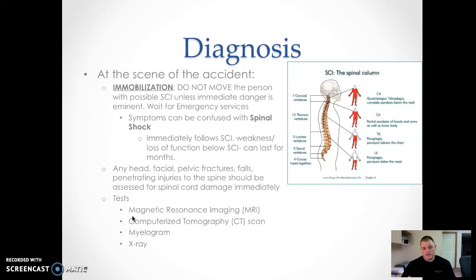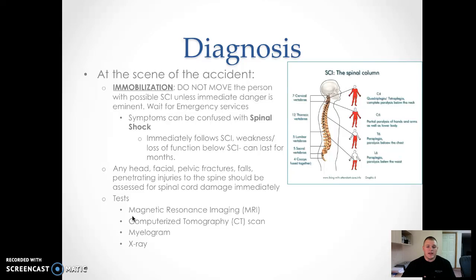But regardless, any head, facial, pelvic fractures, falls, or penetrating injuries around the spine should be treated as spinal cord damage, just so there's no further complications. If you move them and they actually did damage their spine, it's kind of hard to tell. You're just going to make it worse.